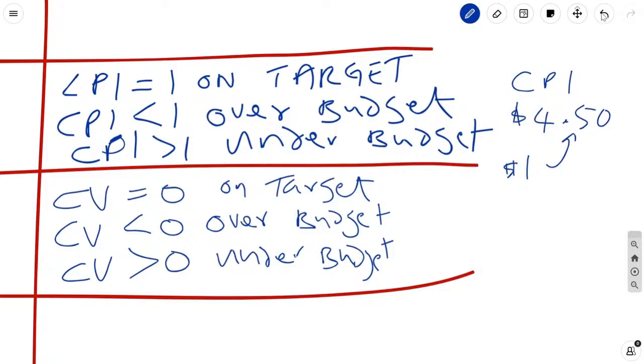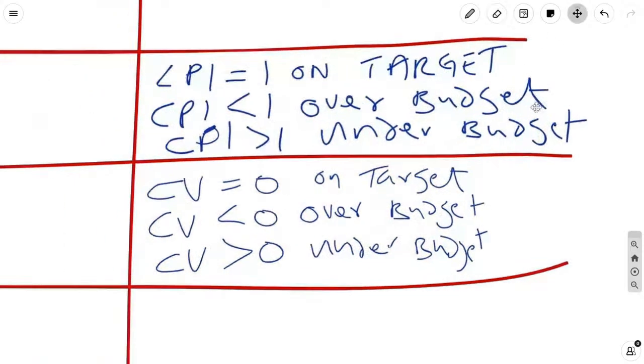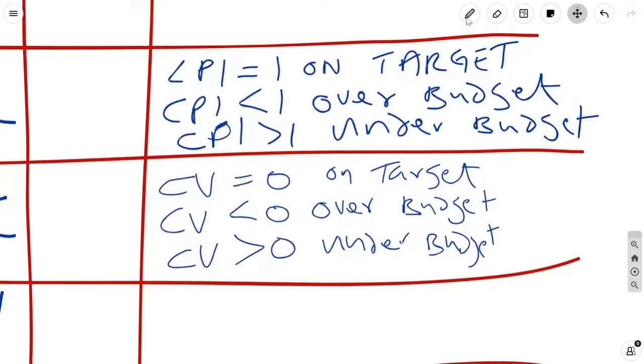So sometimes when your CPI is so high, it's a red flag. With government, if your CPI is more than, I believe, 1.02, you are going to have some explaining to do, because it could mean you don't know what you're doing, or the marketplace conditions are crazy, or you're padding. That's what it could mean.